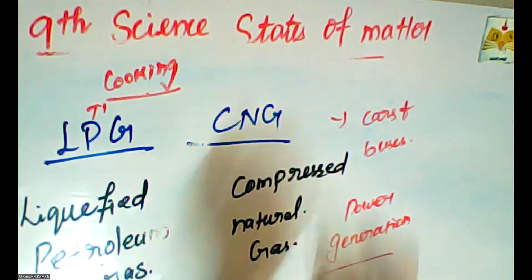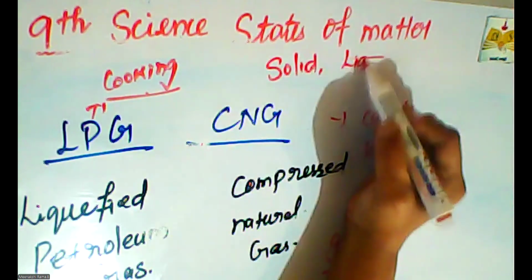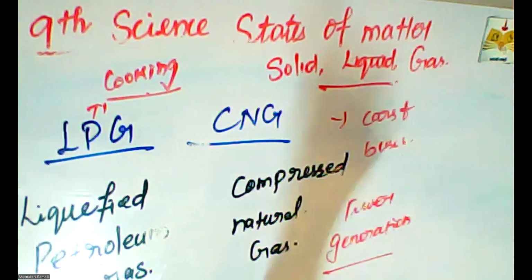So the three states are solid, liquid, and gas. In solid materials, the tiny particles, that is atoms and molecules, are tightly, closely arranged.